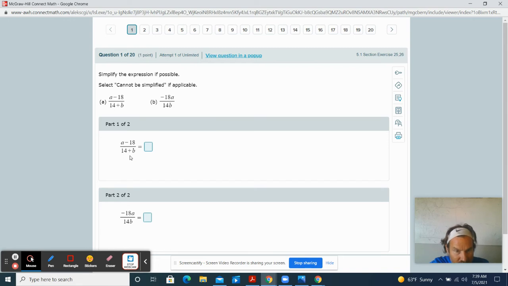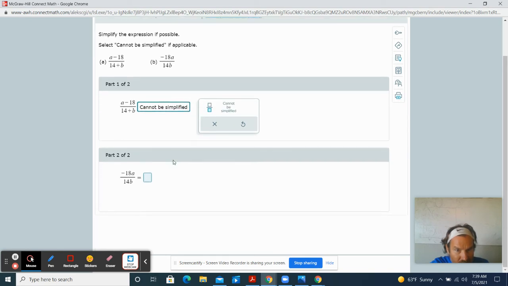Does it have multiplication? No, it doesn't. There's a minus up top and there's a plus. So we cannot do any canceling at all here. It'd be like canceling those 2's on that example on the left that I showed you. This 18 and this 14 are being subtracted or added to something else. So in this one here, we want to select cannot be simplified.